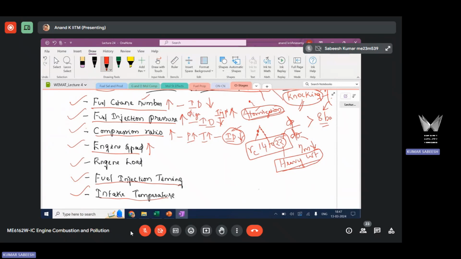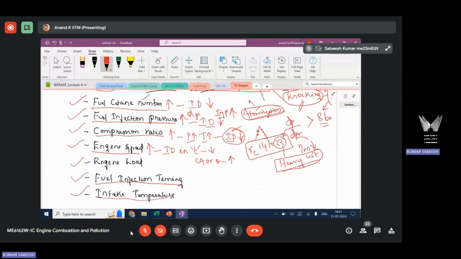Absolute time. So delay time in absolute time units will decrease. In crank angle, or theta, it will increase. When the engine speed is increased, you are going to have better mixing of fuel, which has a tendency to reduce the physical delay.